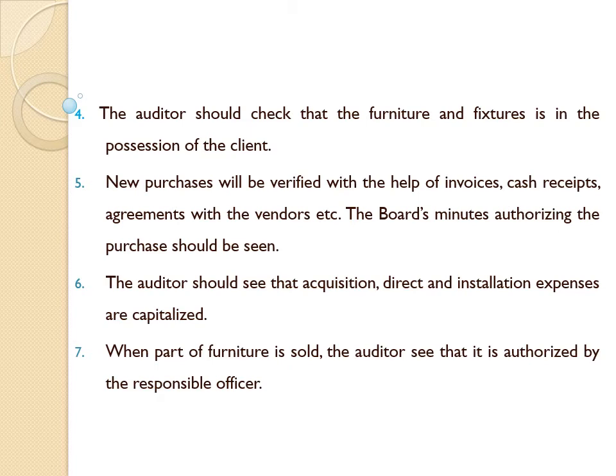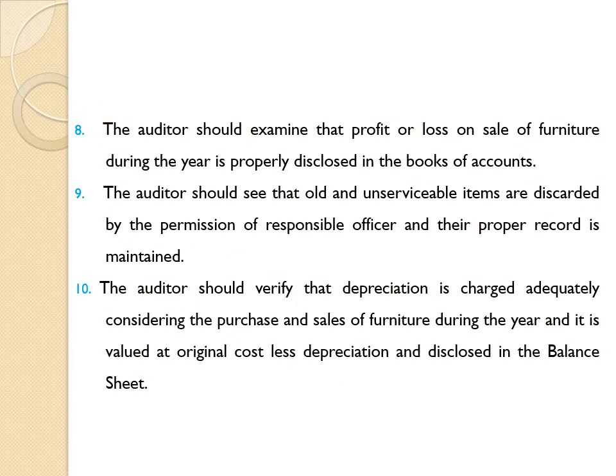When part of furniture is sold, the auditor should see that it is authorized by the responsible officer. The auditor should examine that the profit or loss on sale of furniture during the year is properly disclosed in the profit and loss account.